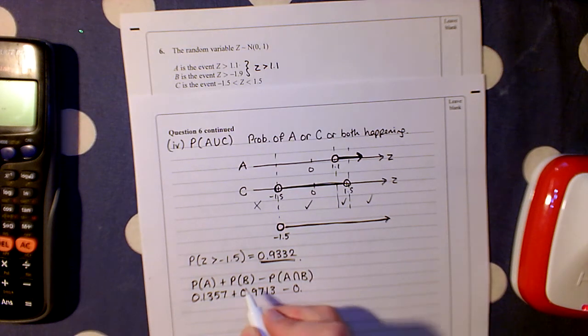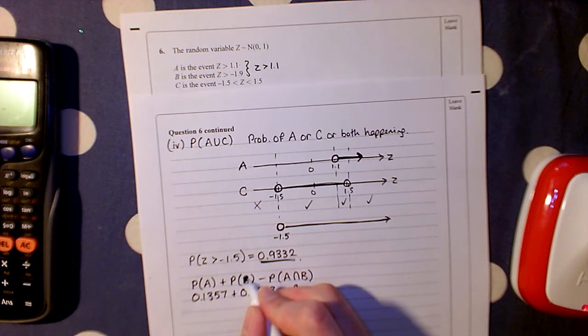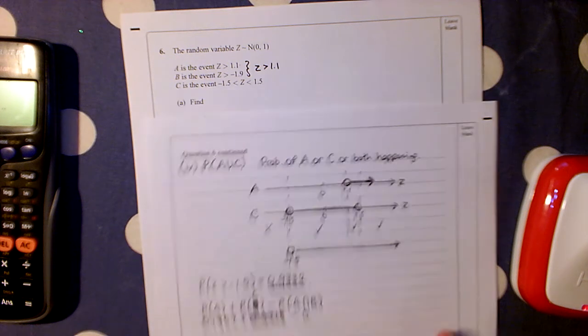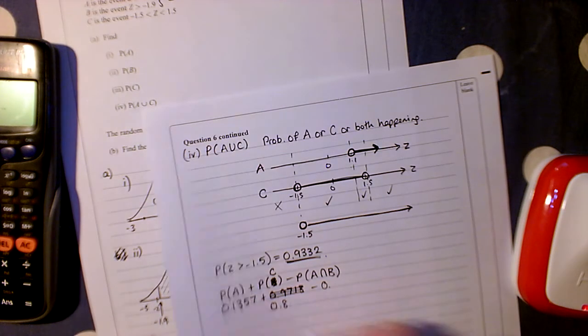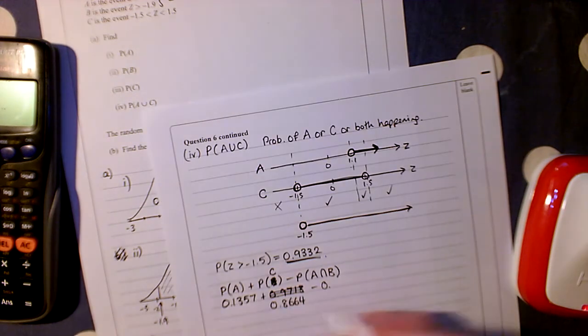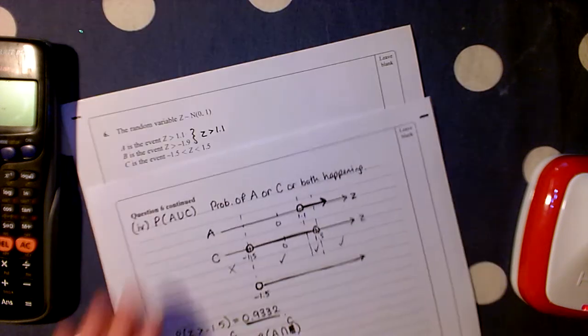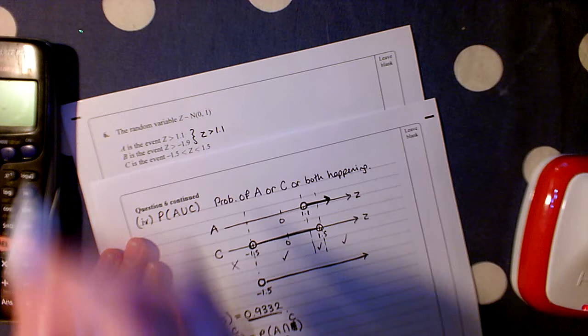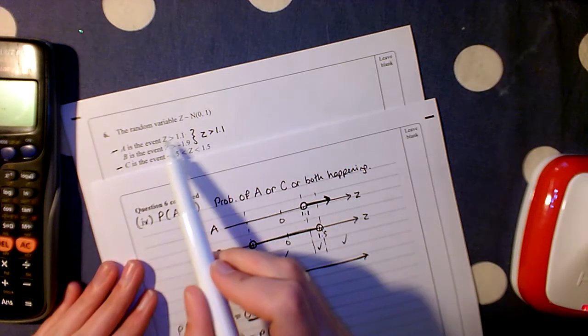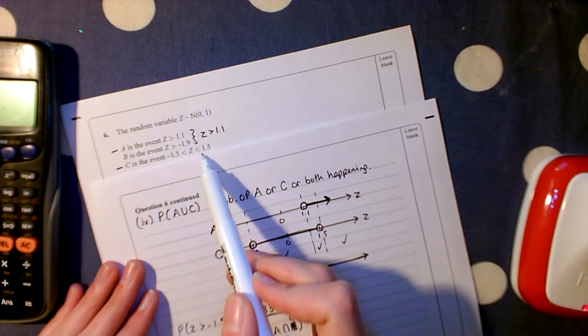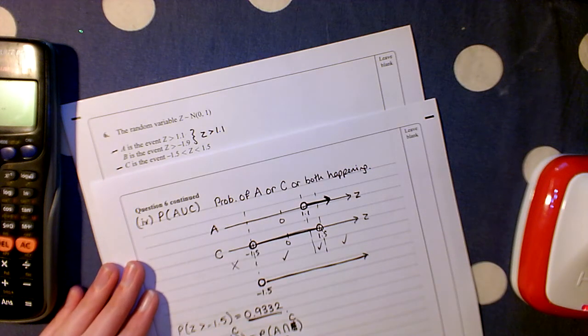Sorry, I just realised why that's not working because I've written B when I meant to write C. So what I should have done is added the probability of A with the probability of C, which we had worked out in part 3, to be 0.8664. And then we need to subtract the probability of A and C happening, which is different. Of course, we're interested in these two, A and C. And when is Z greater than 1.1, but between negative 1.5 and positive 1.5?